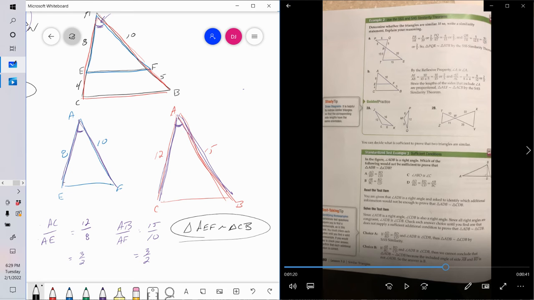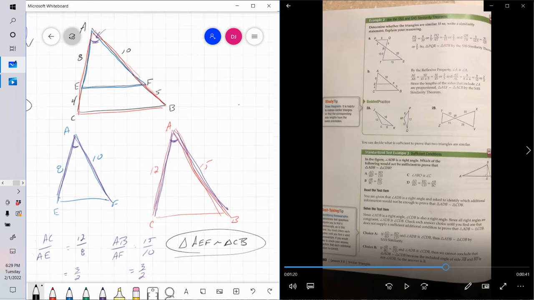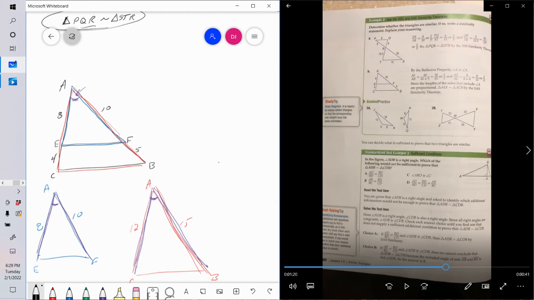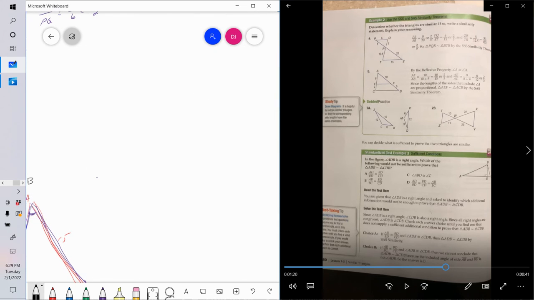Now, something I want to extend a little bit farther. I want to go back to the original triangle, and I'm going to move this over and just make it clean. So what we just showed in triangle ACB, where this is 8, 10, 4, and 5.